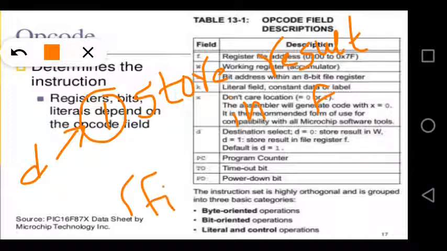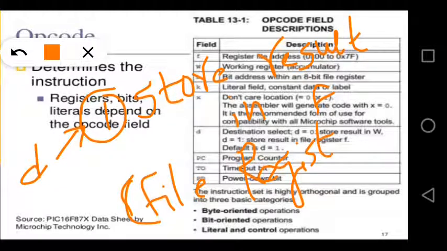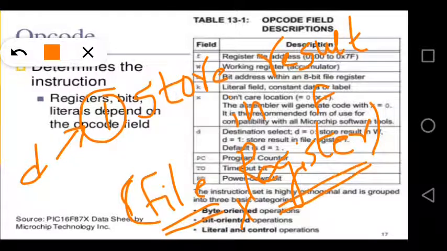F stands for file register. So store the result in F or store the result in W. If d is equal to 1, store the result in file register.